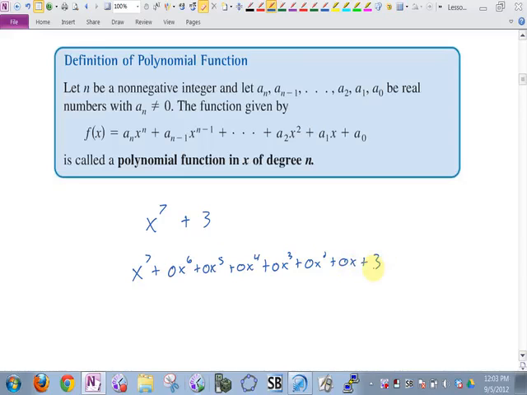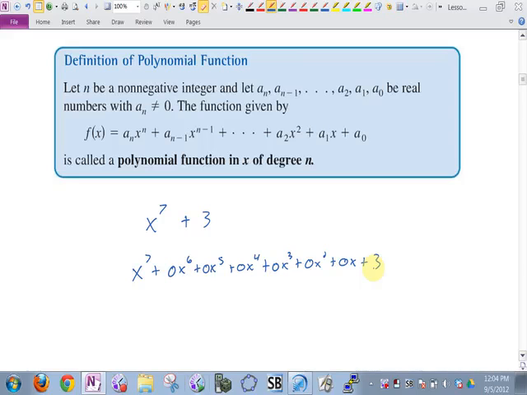So coefficients are totally allowed to be 0, right? Any of them? No, your first coefficient can't be 0 because it would not be a degree 7 polynomial then, right? So that's why you see up here, a sub n could not equal 0 because it wouldn't be a degree n polynomial. Okay? So these are called subscripts.